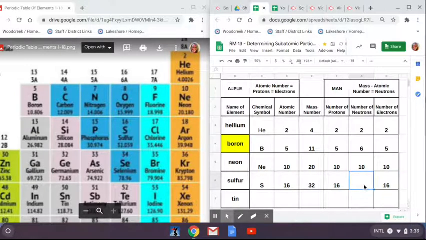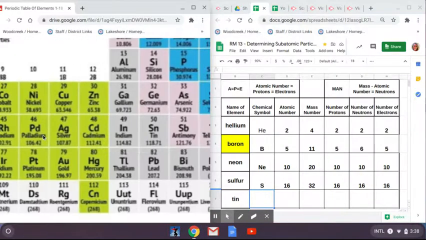And now, because I want to be super sure of my answer, I have my calculator. My mass number is 32 minus my atomic number of 16. I have 16 neutrons.